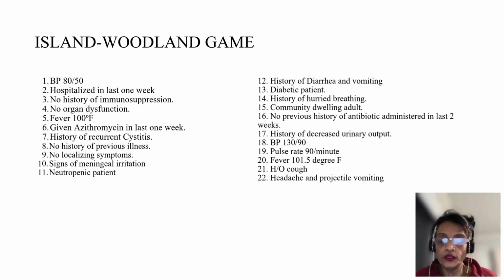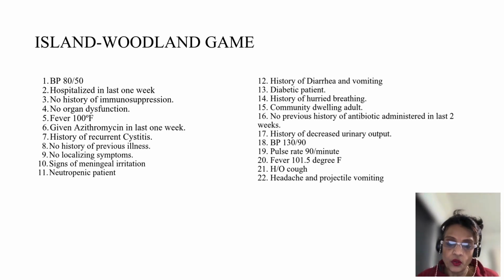History of cough, then 22, headache and projectile vomiting. So all these features, individually analyze and put the features which support the acute undifferentiated fever definition into island and those which do not support into woodland.